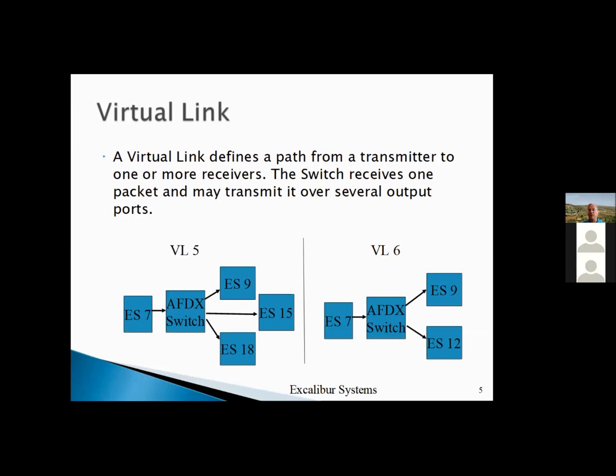So ES9 is getting both of these pieces of information, but in addition to ES9, in the case of the latitude and longitude, it's going to 15 and 18. And in the case of VL6, it's going to 12. So every end system can put out multiple VLs, multiple types of data, in other words. And each of these types of data can theoretically go to a different set of end systems on the plane.